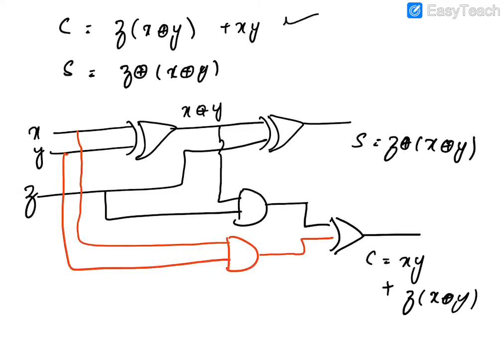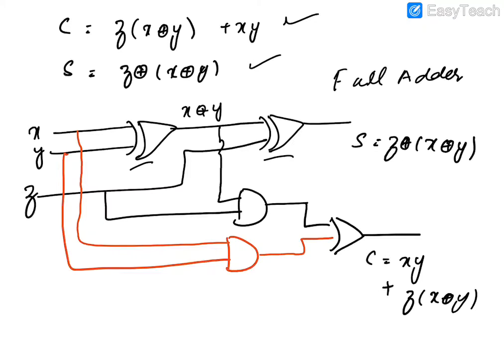So by using these expressions for C and S, we have drawn a collective circuit for the full adder. In this you can easily see that we have used 2 XOR gates for the S output and 2 AND gates and an OR gate for the C output.